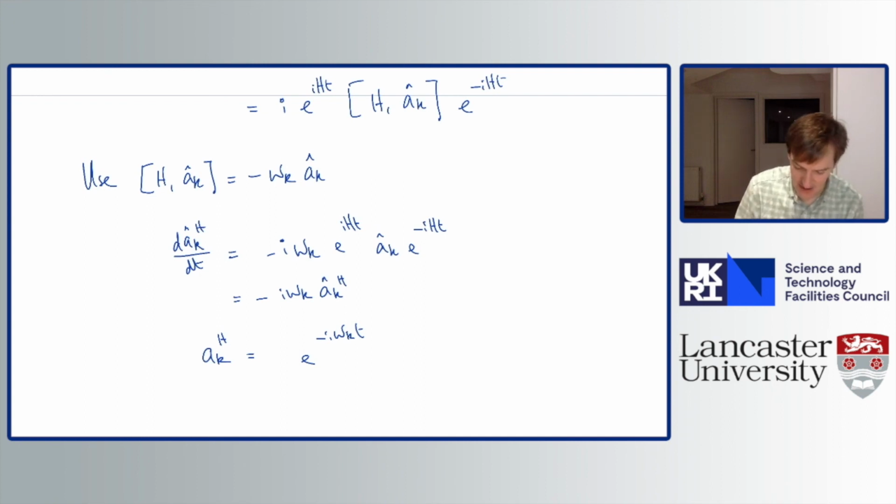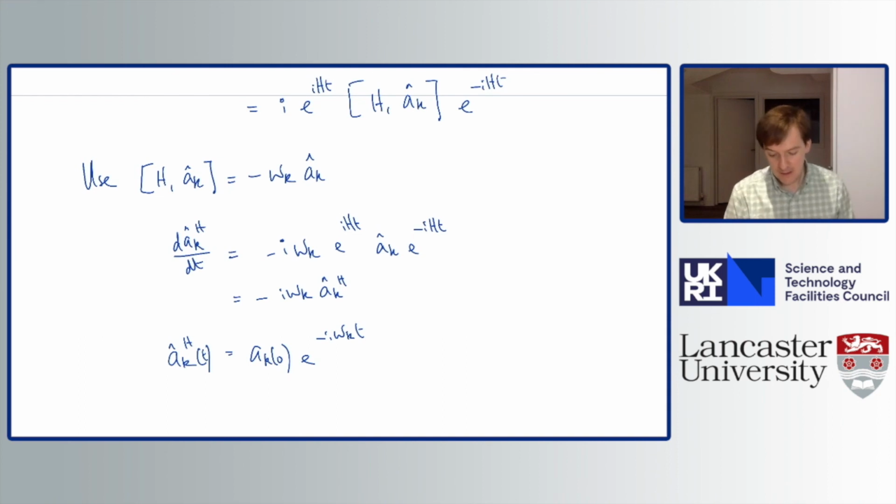Again, I can end up with an expression that doesn't involve time dependence of the operator. So I'm going to put all of my time dependence into this exponential factor. This is going to be nicer to work with.